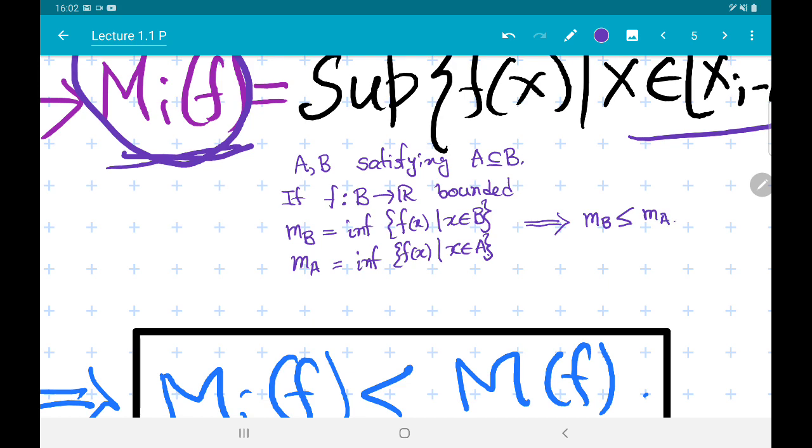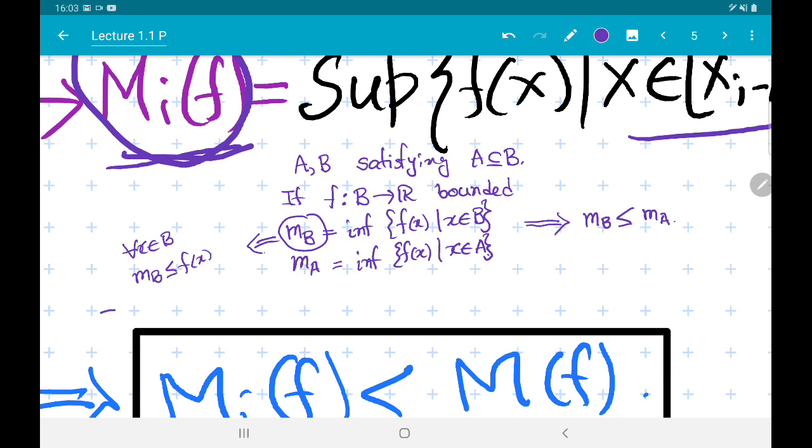This result is very easy to prove. Let's see how. So mb is the infimum of this set. So by definition we see that for all x in B, mb is less than or equal to f(x).